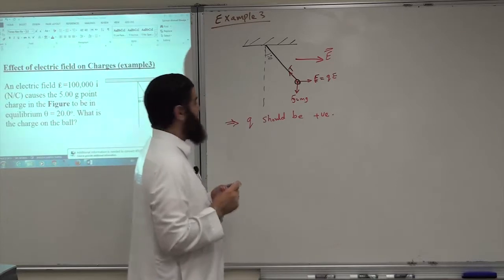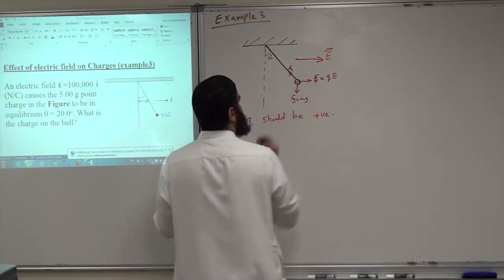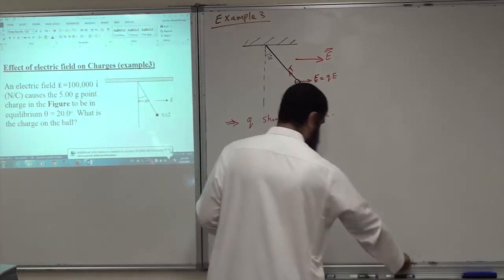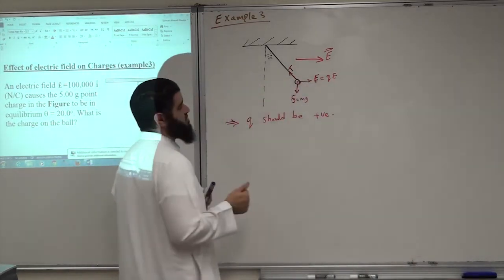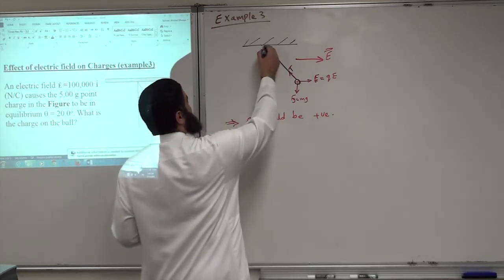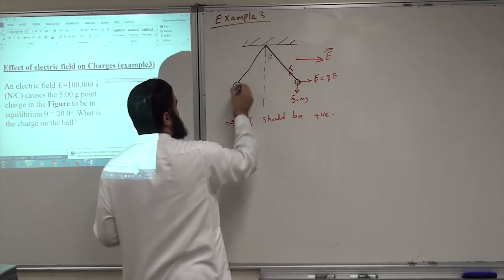If it was negative, and we do the same experiment with a negative charge, let me draw it, the negative charge will accelerate opposite to the direction of the electric field. So if it was negative, the figure will look like this.